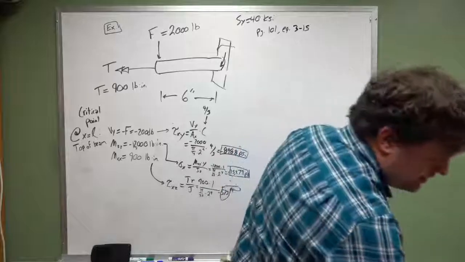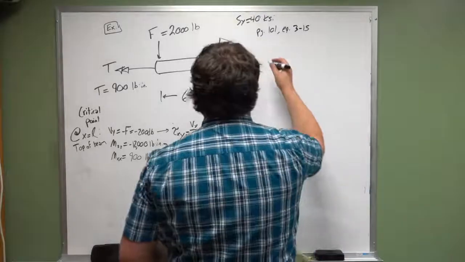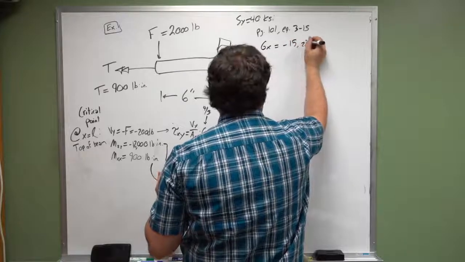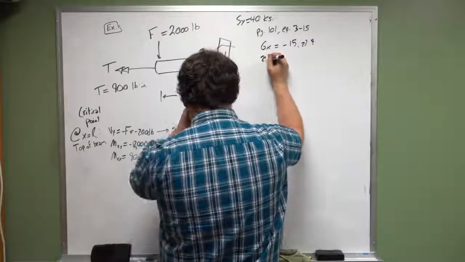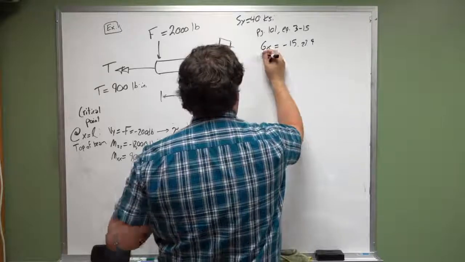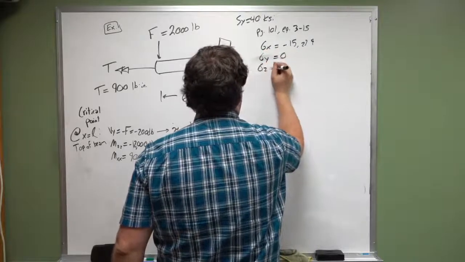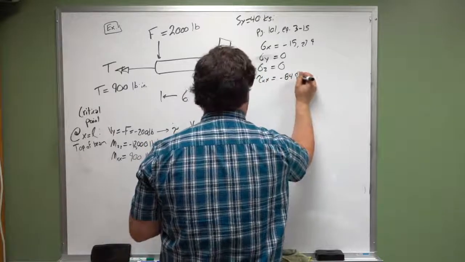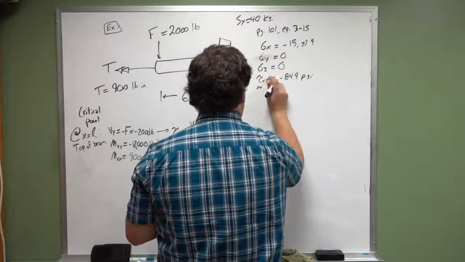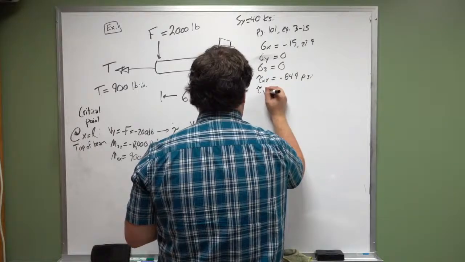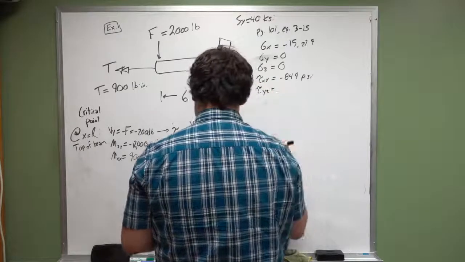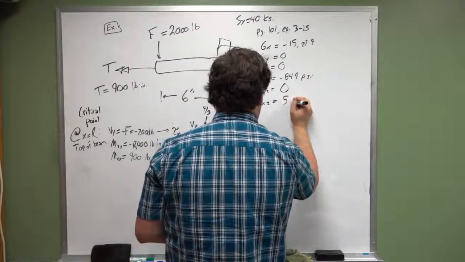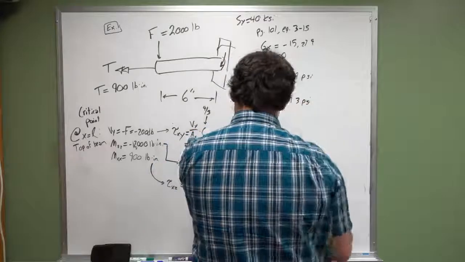What I get from my equation when I plug everything in is, first of all, sigma x is equal to negative 15,279, sigma y equals 0, sigma z equals 0, tau xy is equal to negative 849 psi, tau yz is equal to 0, and tau xz is equal to 573 psi.